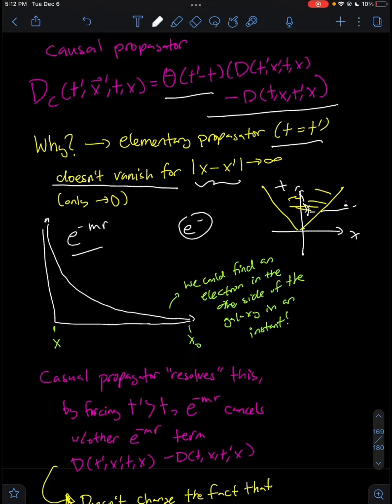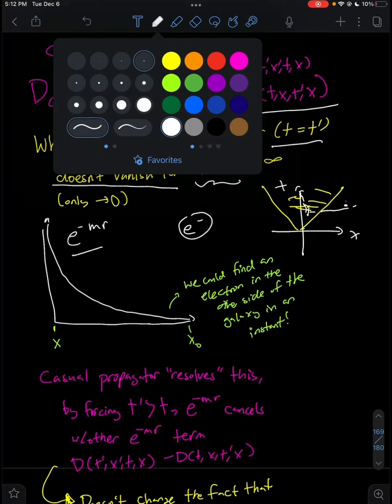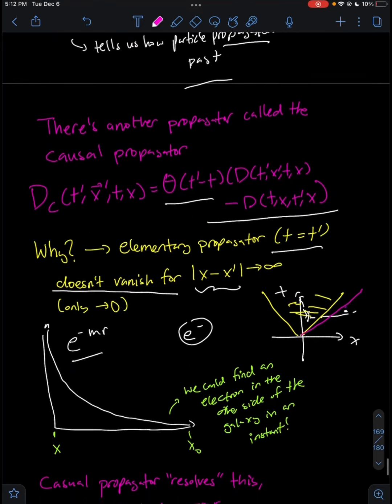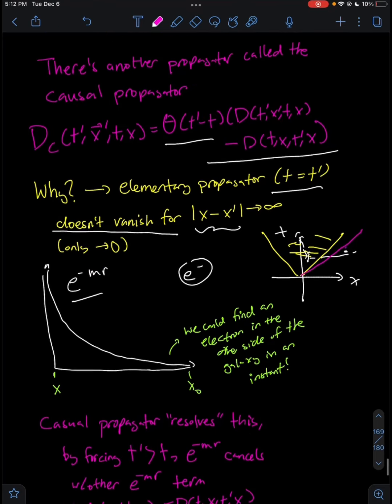Because that would break causality. Now, technically speaking, relativity does not forbid particles traveling faster than the light cone. But if we do consider those paths, we do get paradoxes. So we don't like causality not being taken seriously in the mathematics.